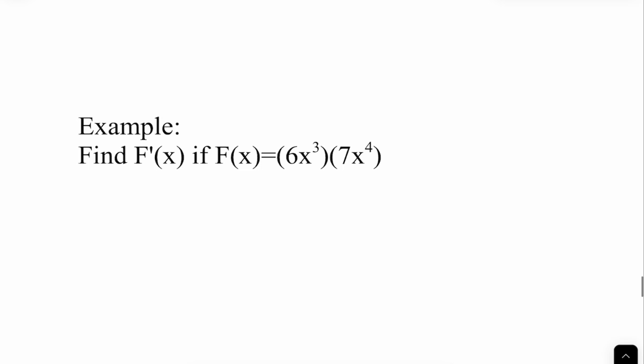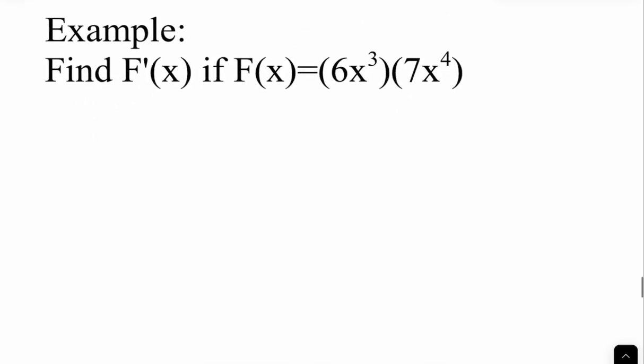So I'm going to show you a very silly example that we don't technically have to use the product rule on, but this will help show you that it does work, that I didn't just make this up. Okay, so we have 2 functions multiplied together. See, those 2 things are multiplied together. To take the derivative, if we were to use the product rule, which we don't have to, but we could, it would be the first, write it down.